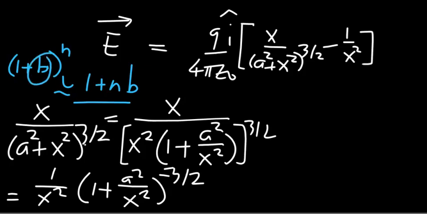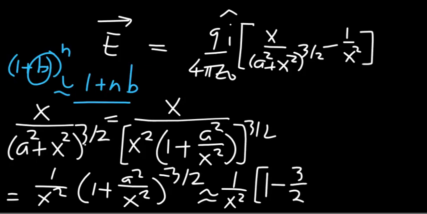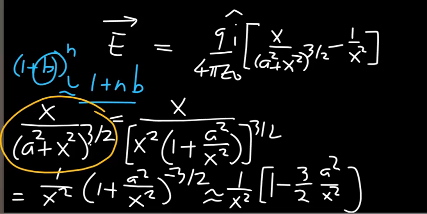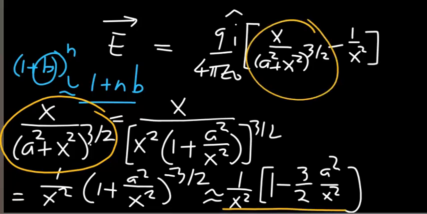So in this case, applying that, this is just 1 over x squared times 1 minus 3 over 2 a squared over x squared. So let's substitute the expression inside there.